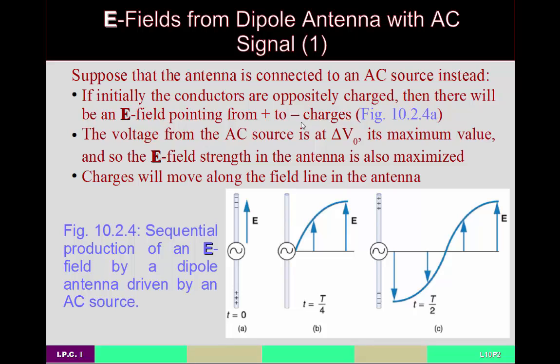And so we'll take that the voltage from the AC source has ΔV₀, its maximum value. At that point in time, the E field strength in the antenna should be maximized. If ΔV is at a maximum, that's also equivalent to having all of the positive holes at one end, all of the negative charges at the other end. And so you have the maximum charge separation.